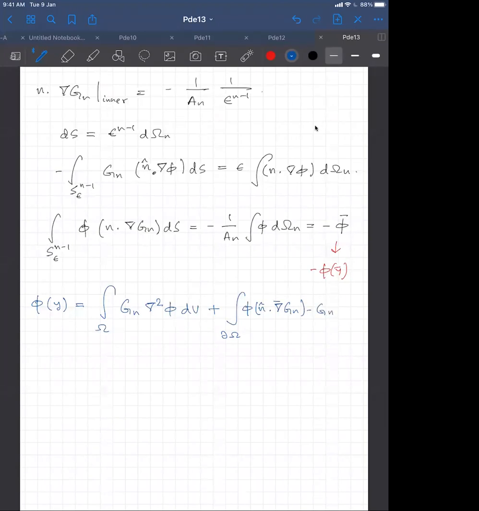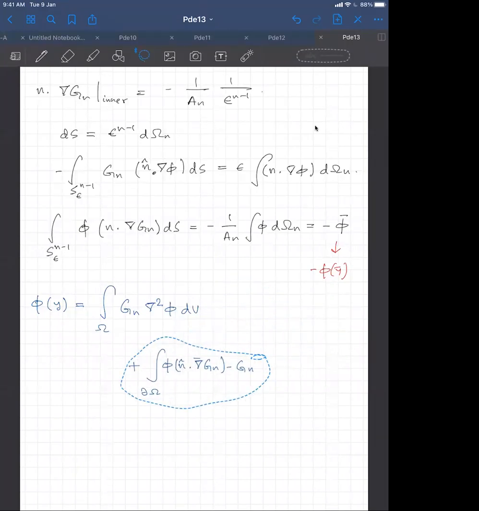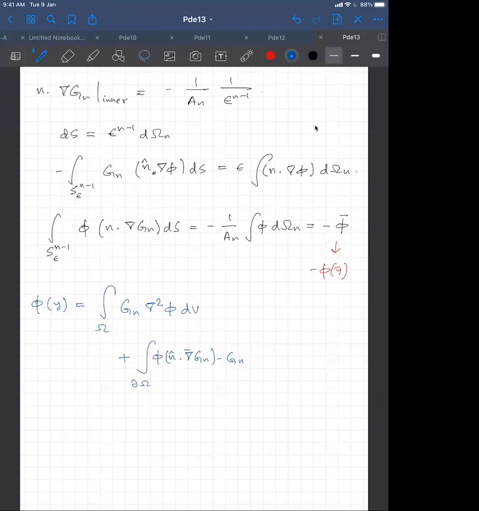minus Gn, sorry, running out of space. Let's move this away a little bit here. Gn n dot del phi dS.